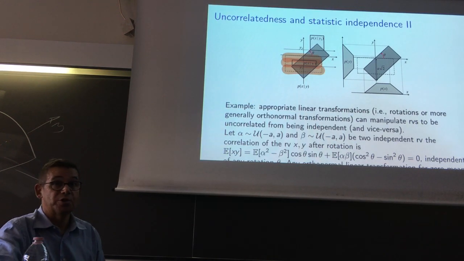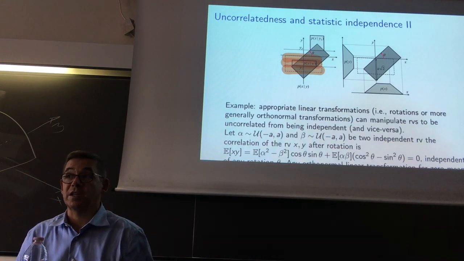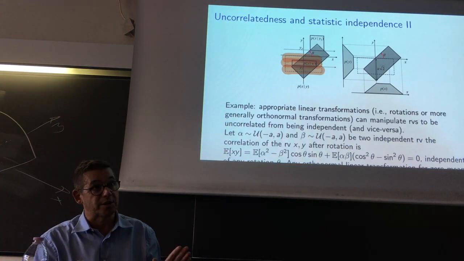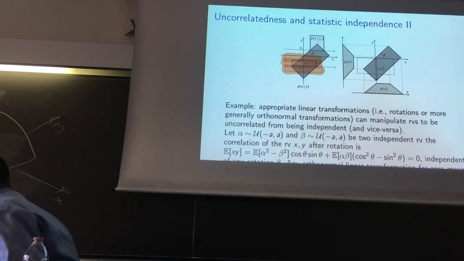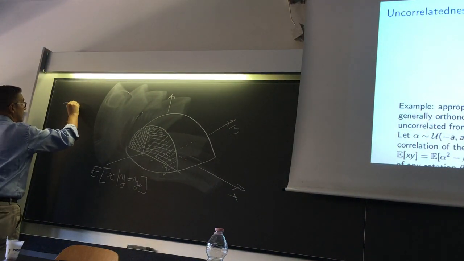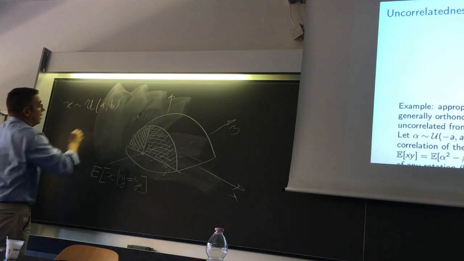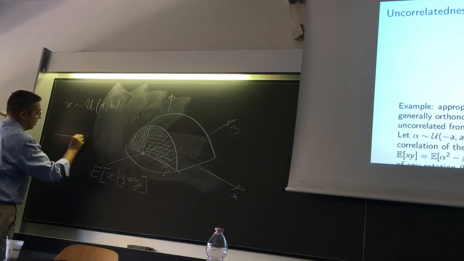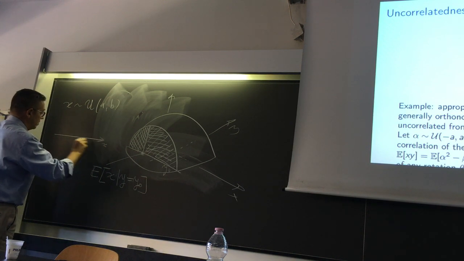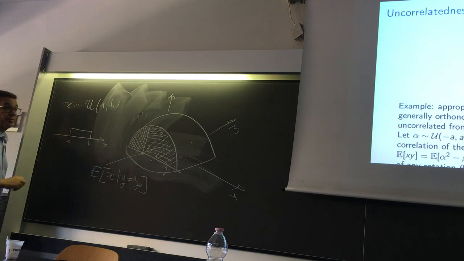If it is uniform, you indicate it with U, and it means that the probability density function is constant. So if I say that X is uniform between A and B, that means the probability density function is uniform between A and B.